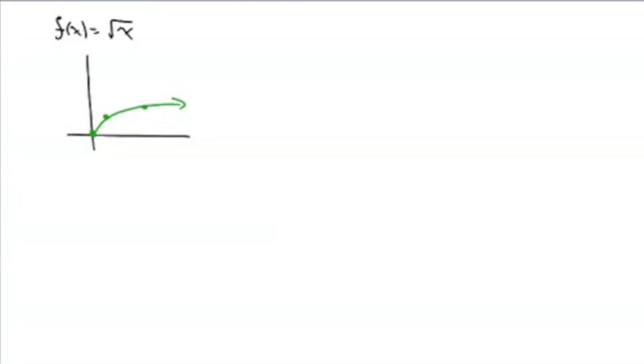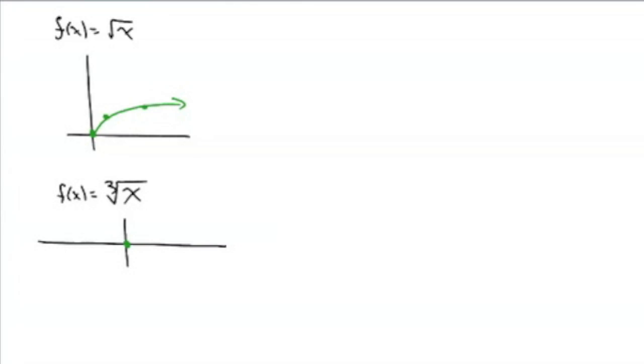Two more graphs. f of x equals the cube root of x. It'll look long. Where x cubed was tall, cube root of x is going to be long. Why? So, what's the first cube root I can take easily? 0. And the cube root of 0, of course, is 0.